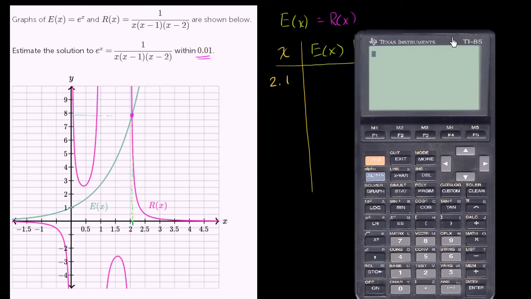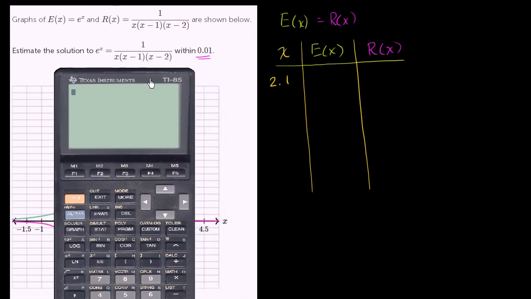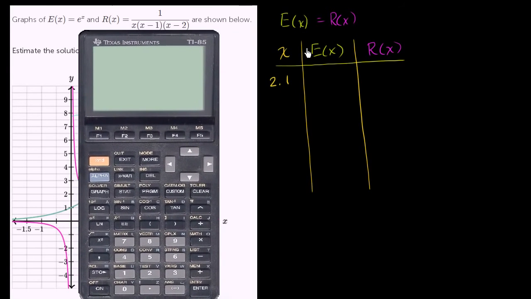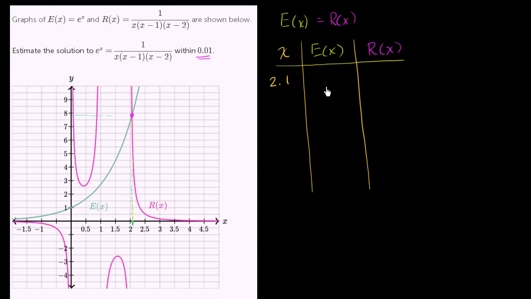When x is equal to 2.1, e of x is just e to the x power. So e to the 2.1 power is equal to 8.166. So let me write that down. And what is r of x?